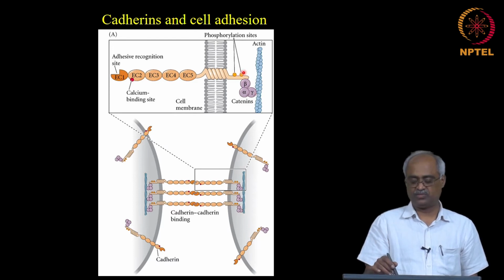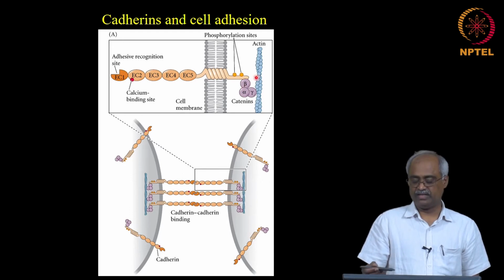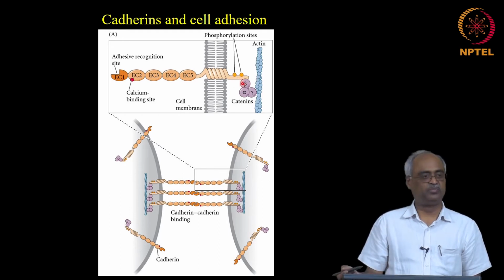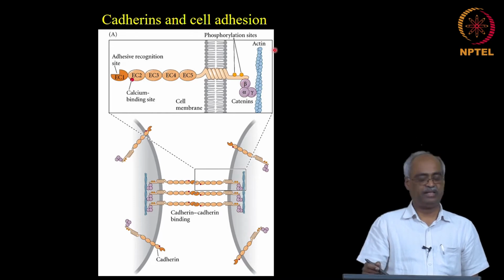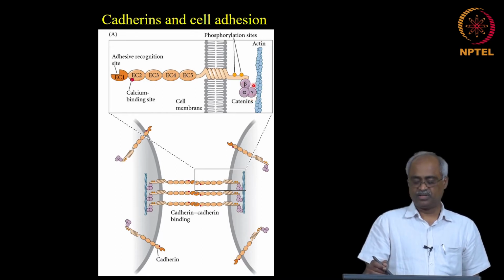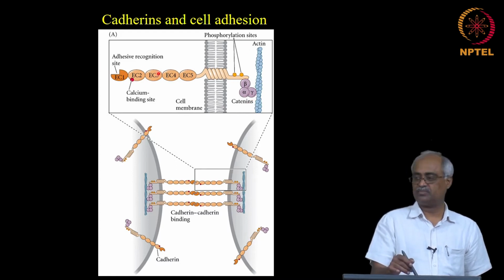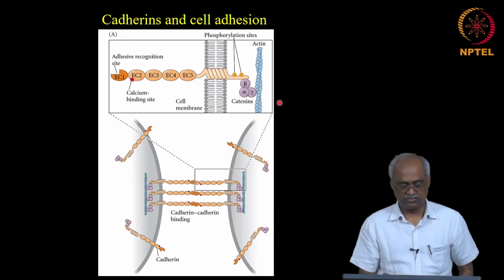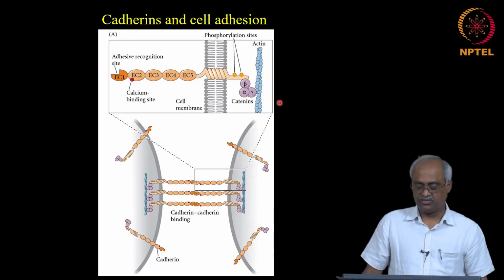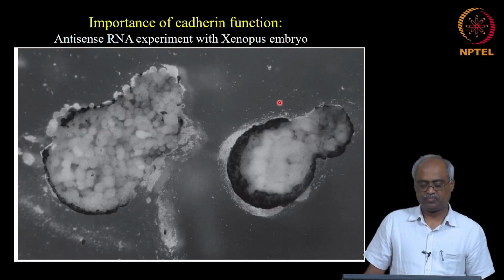For example, this phosphorylation can cause this to dissociate from the beta catenin, or the catenins may be brought here or removed, and actin polymerization, depolymerization also can affect this, and therefore, changes that happen inside can affect the external adhesion and the opposite as well, okay. Those are going to become clearer as we go through the rest of the slides.